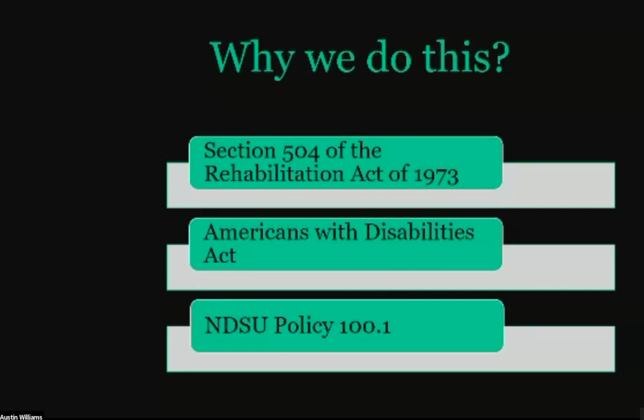So those are the three whys that fall in a legal area, but I always like to put a plug in that I believe we're here on campus to support all students and to make them feel welcome.